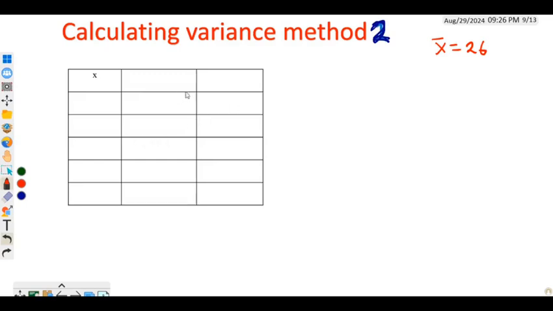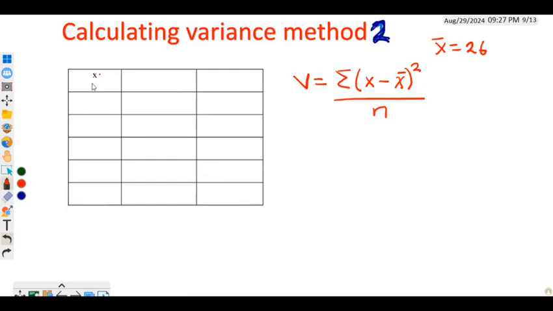Alright, so under our method 2, first we are going to come up with the formula. Variance is equal to summation of x minus the mean, in brackets we square, over n.